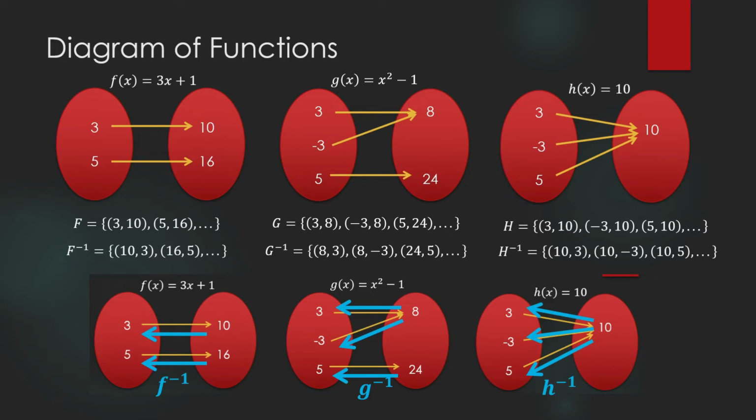But this is not the case for g inverse, okay? We are pairing 8 to two elements, 3 and negative 3. Here, we are pairing 10 to 3 elements. So these two inverses, g inverse and h inverse, are not functions. This, however, f inverse is a function.